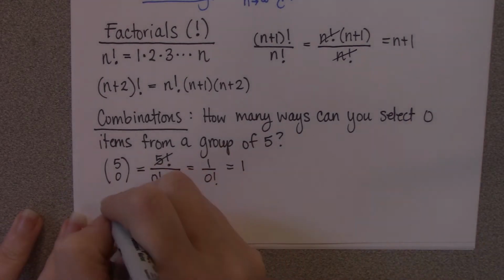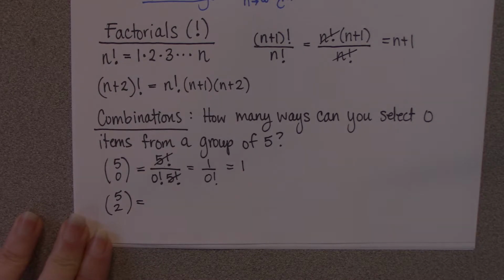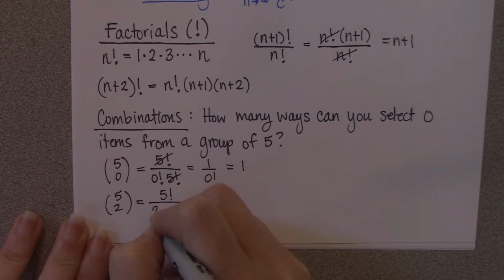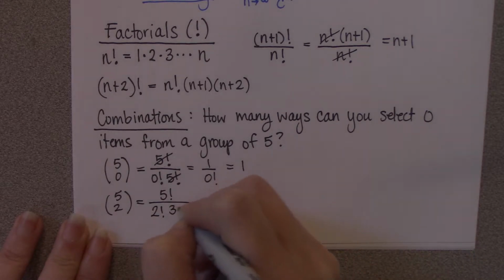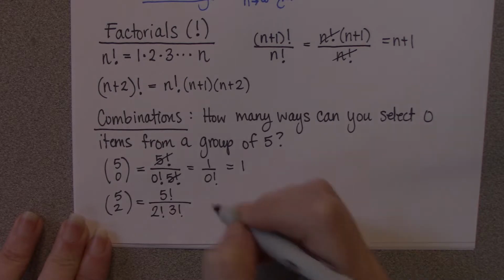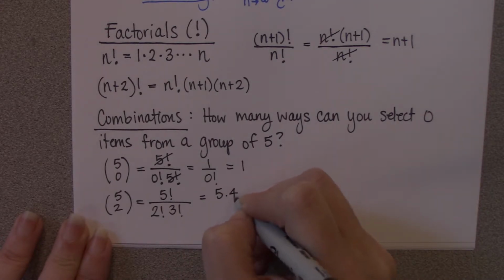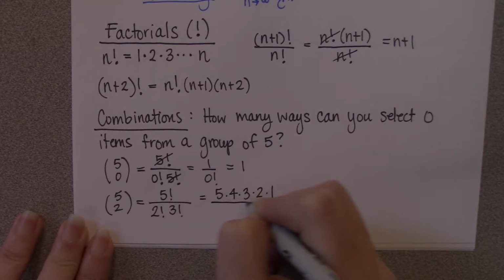But what if I told you you get to pick 2 candy bars? So you would say, well, we have 5 candy bars. I'm choosing 2, so that means there are 3 left I'm not choosing. So if we look at this, well, the numerator, right, is 5 times 4 times 3 times 2 times 1.